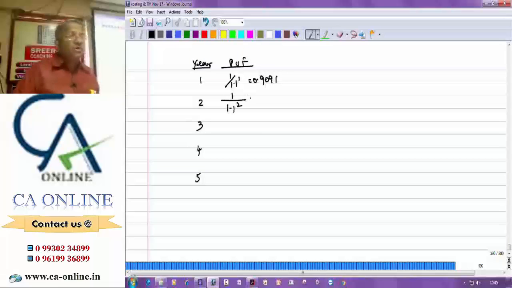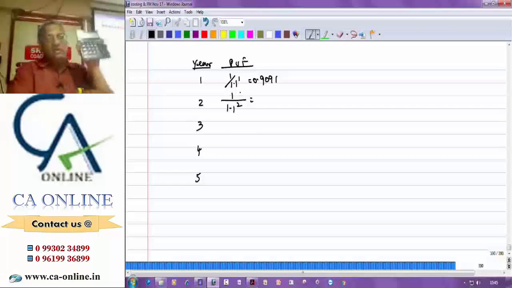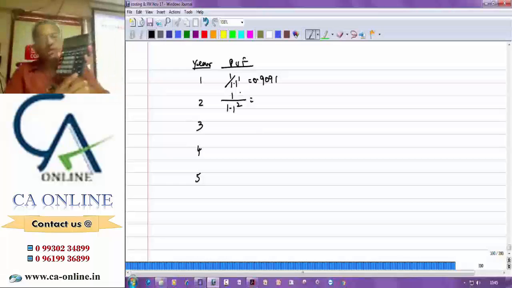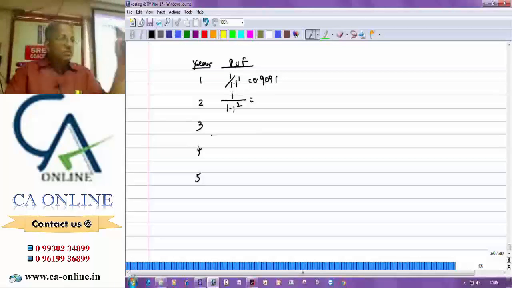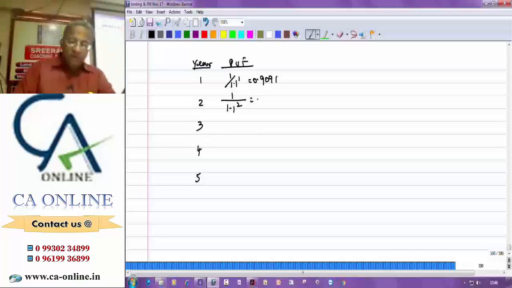How do we find 1 divided by 1.1 to the power 2? In the calculator, whatever you have done on the previous occasion, let it be that way. You press only 1 and the equal to sign. Is there any change? Only when you use the calculator will you come to know. Are you finding any change? 0.8264. The third time you press, that's it. 0.7513.